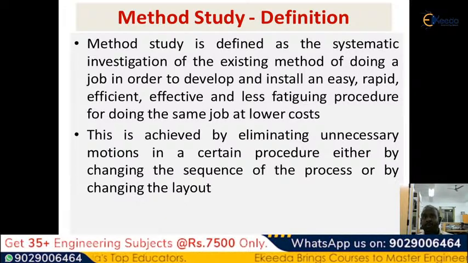It has to move a very short distance inside the industry before it converts into an output. So either I can change the sequence of my movement or I can change the layout. It means I can reposition my machines so that I can obtain a quicker movement of the materials. That's the idea behind it.